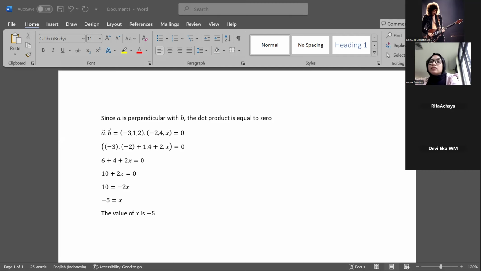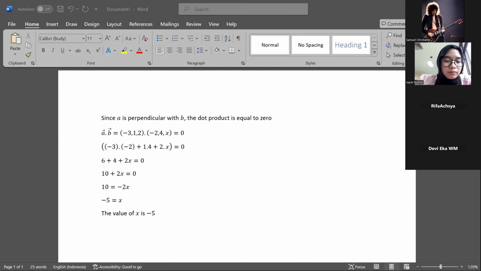We multiply the same elements from those vectors: -3 times -2 plus 1 times 4 plus 2 times x equals 0. -3 times -2 is 6, 1 times 4 is 4, and 2 times x is 2x.